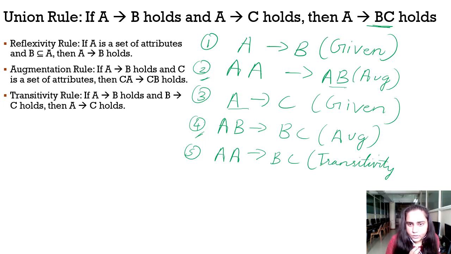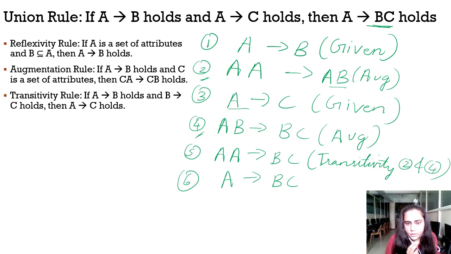Transitivity applied on step 2 and step 4 gives me this particular equation right here. And this can be simplified. You can write this as A determines BC because you do not require the same attribute twice on one side. So that's why you can write it as A determines BC, and hence you can say that this is proved according to the union rule. So this is how you can give a proof for the union rule.